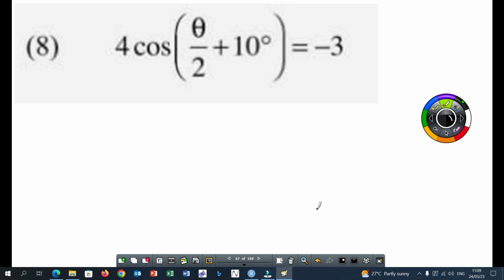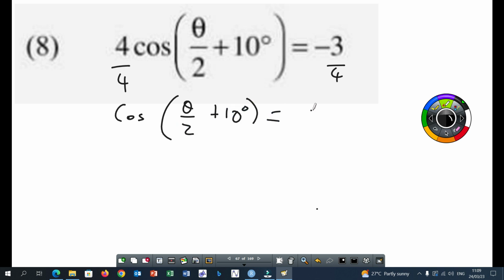Okay, so first thing, we have to divide by 4 on both sides. Then we get cosine of theta over 2 plus 10 degrees equal to minus 3 over 4. Remember, this type of trig equation is from grade 10. The only grade 11 concept you are bringing in is the general solution.